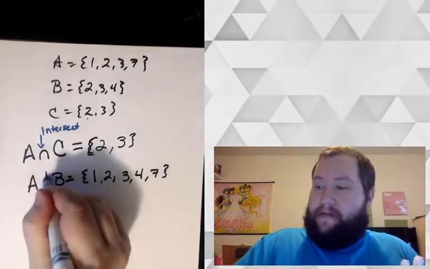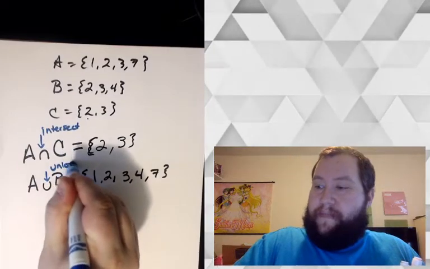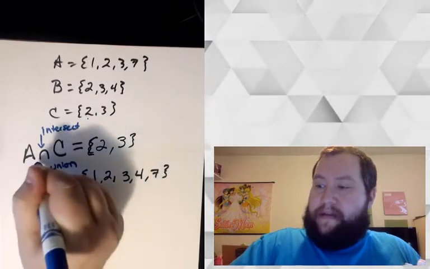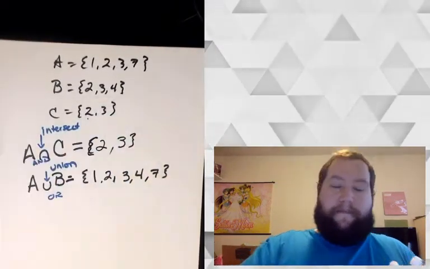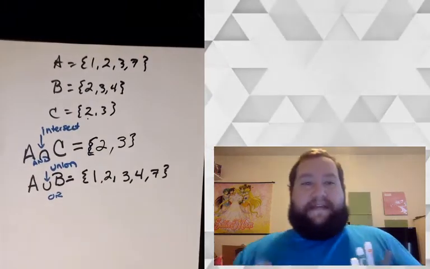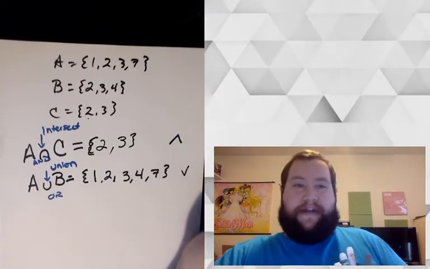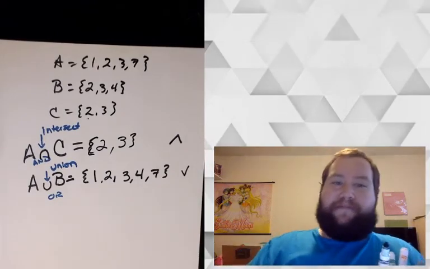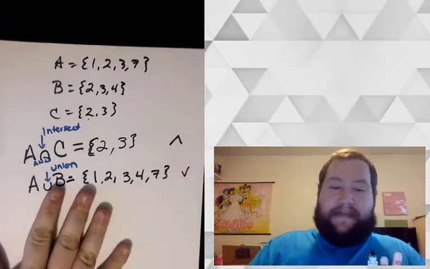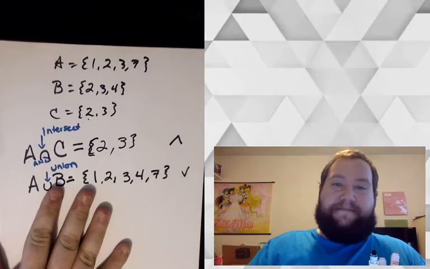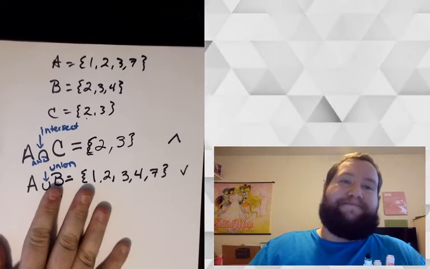And that's called union. Remember, I think of this as or, and I think of this as and. Because then they start to look like our logical and our logical or, right? They open the same way. And so we have our intersect. And then the last one is the complement.